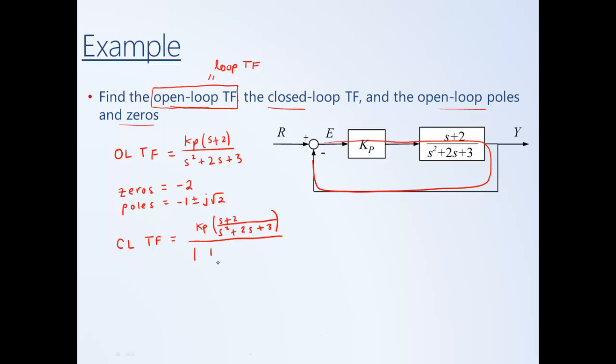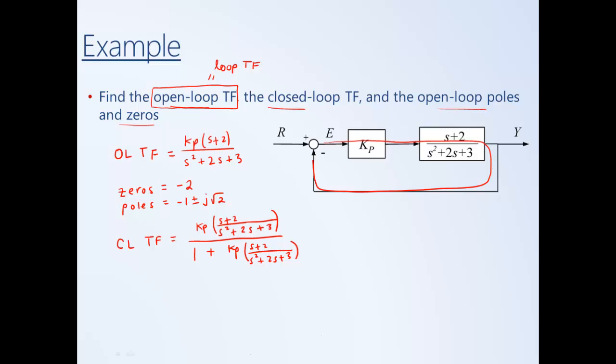So that's the forward over 1 plus loop, where the loop is the same thing. Right, so that's our closed loop transfer function.